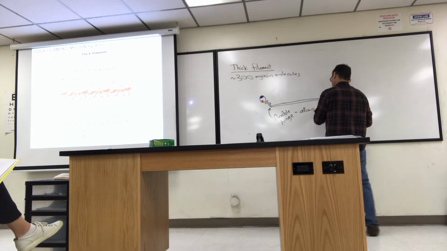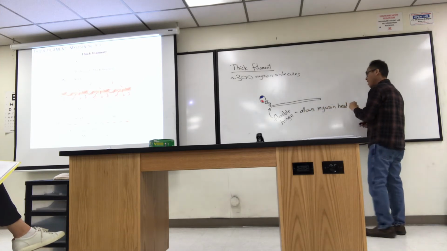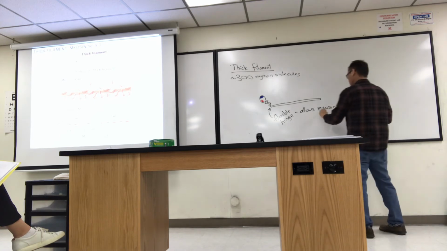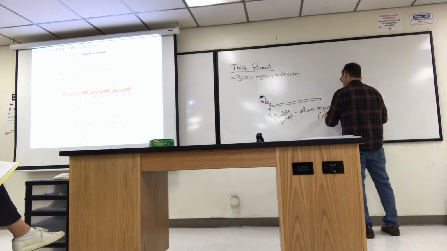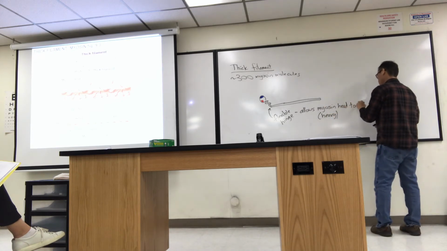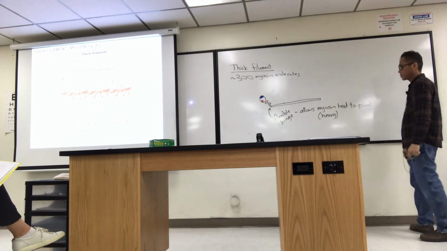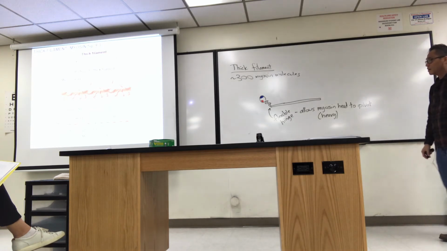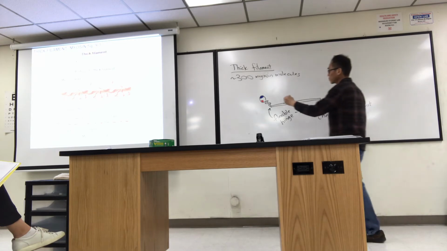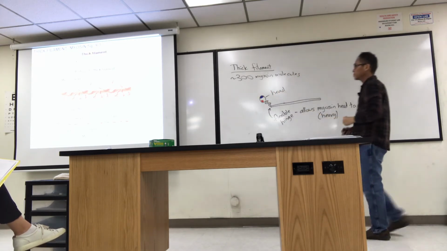Allows myosin head, sometimes they call them heavy heads. Heavy head or myosin head, same thing. Allows myosin head to pivot. That's very important for muscle contraction, that pivot of the head. So that's the head, the heavy head.